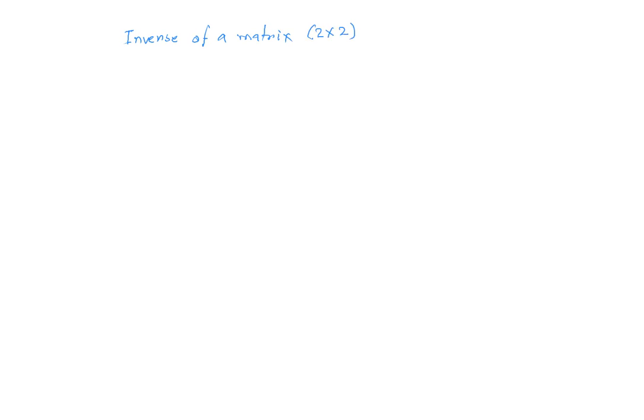If you have a matrix, let's use M, with entries A, B, C, D, and you want to find the inverse of this matrix, let's call it M inverse, that's the notation.